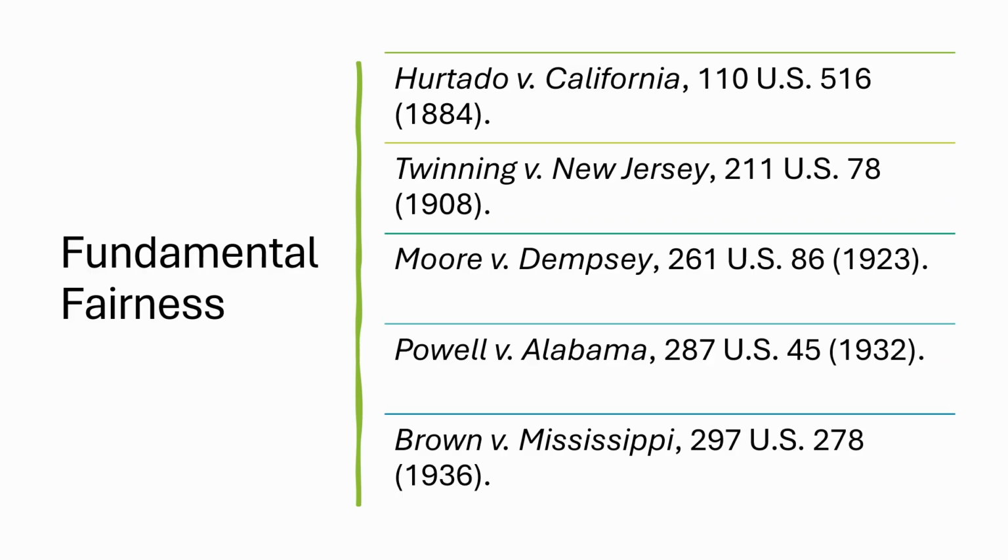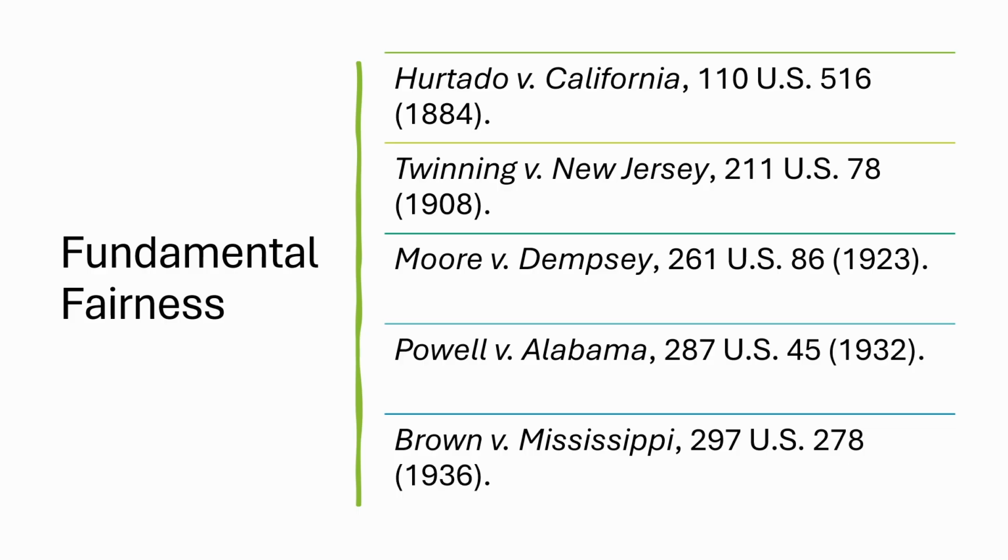The fundamental fairness approach emerged in a series of Supreme Court cases between 1884 and 1908, during a period when the court repeatedly refused to apply the Bill of Rights directly to the states. In Hurtado v. California, 110 U.S. 516, 1884, the court held that states did not need to use grand jury indictments, ruling that due process only required procedures consistent with basic principles of liberty and justice.